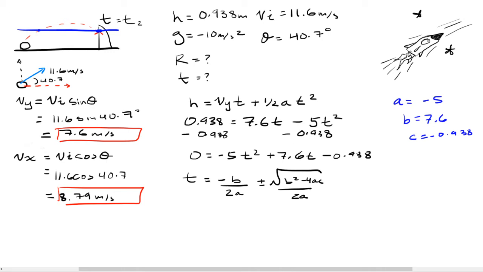If we plug that in, we're going to get negative 7.6 over negative 10 plus or minus the square root of 7.6 squared minus 4 times negative 5 times negative 0.938.